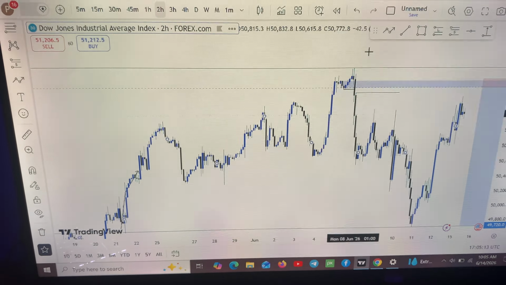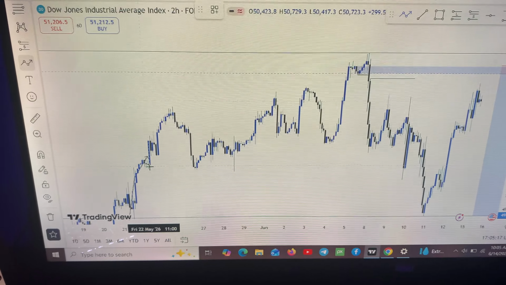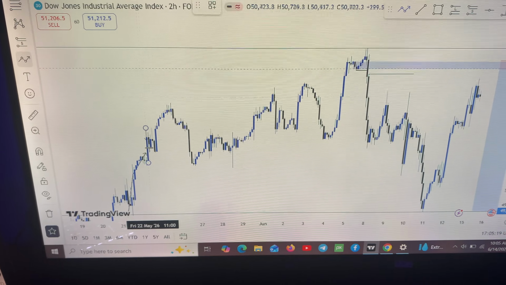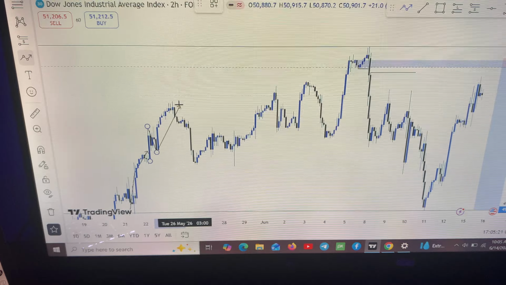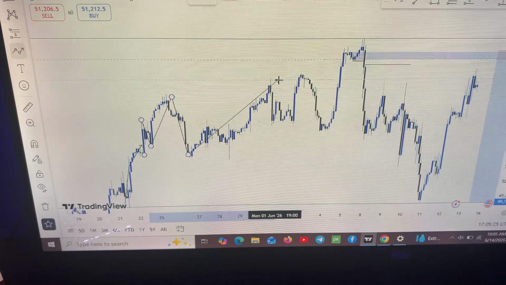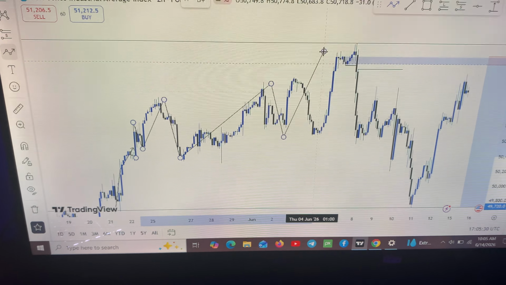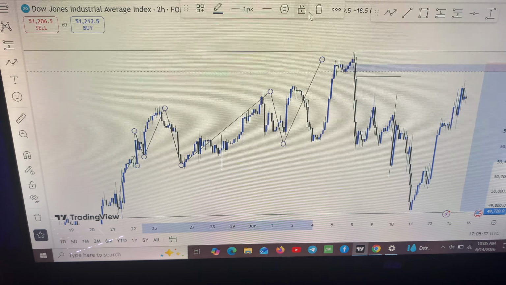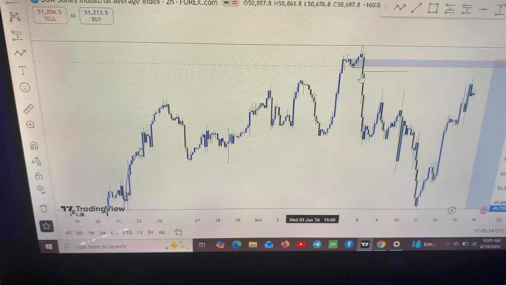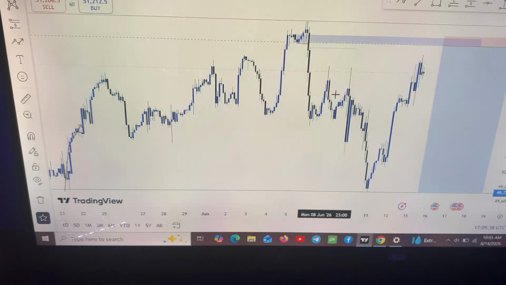A higher low right here, then a higher high, then a higher low, then a higher high, then a higher low. We saw the price was breaking past this higher time frame trend direction, which keeps breaking past the daily time frame zone, which means this impulse move to the upside has been completed.